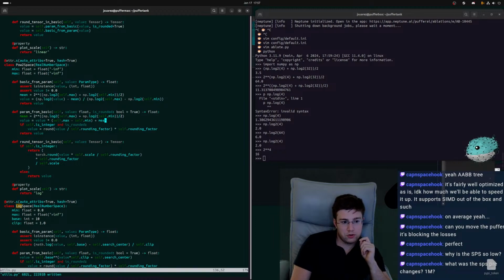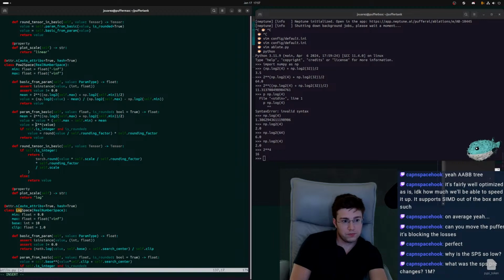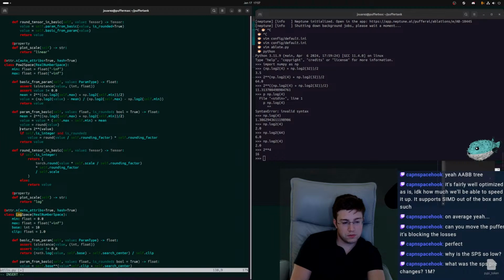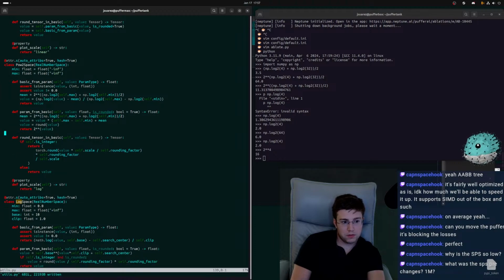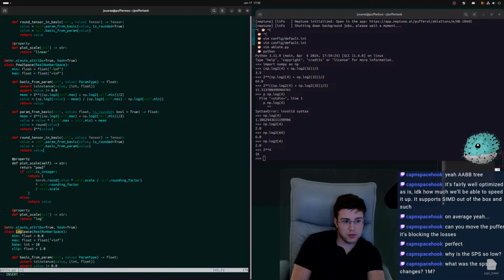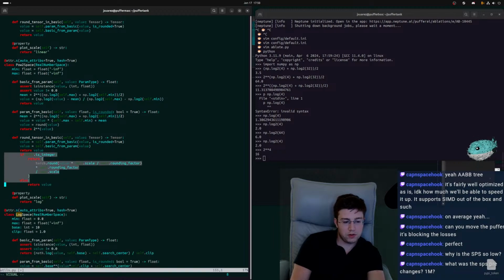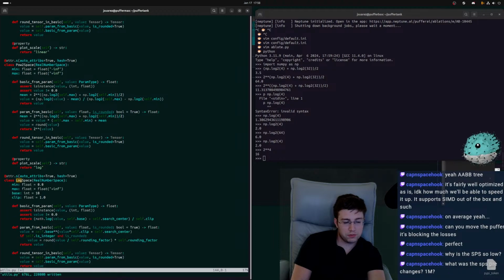And then now you round it. And then you return 2 times value. And round tensor in basic is just gonna be, we get to eliminate all these obnoxious functions.